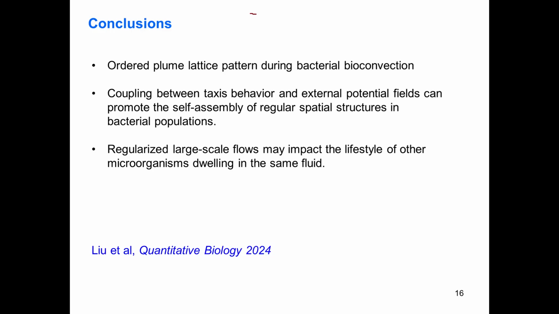So since bioconvection occurs in natural settings, we believe this regularized large-scale flow associated with the active plume lattice may have an impact on the behavior, the life of other microorganisms that coexist within the same fluid layer. So if you are interested in more details of this work, you can check our recent paper in Quantitative Biology.